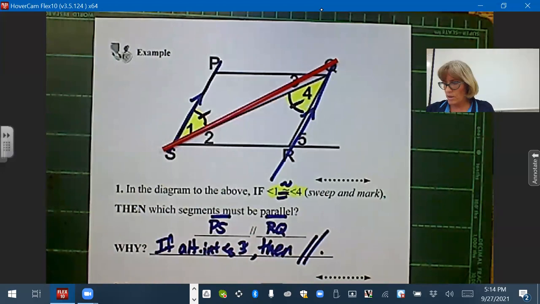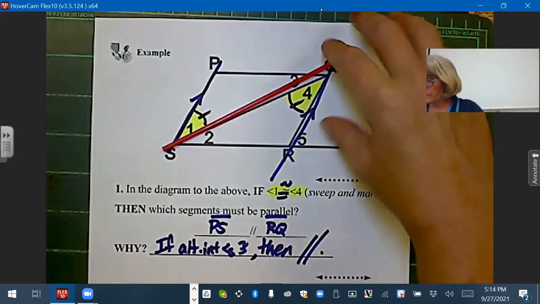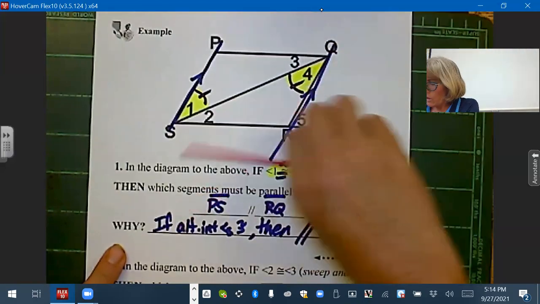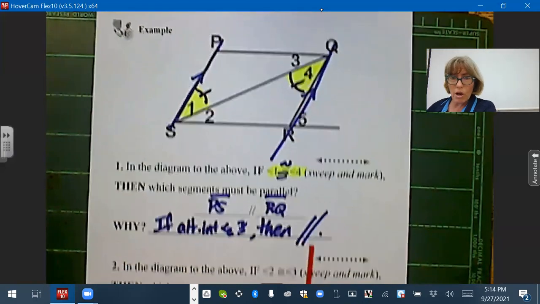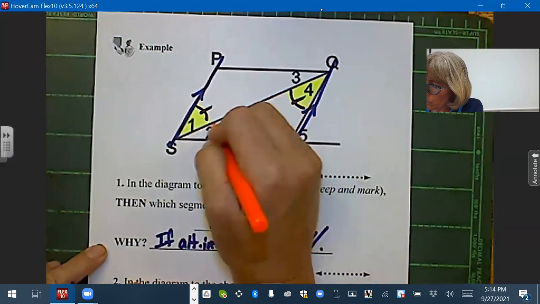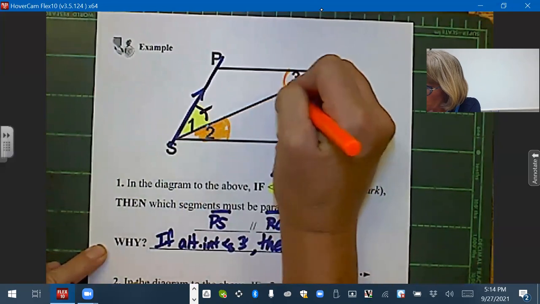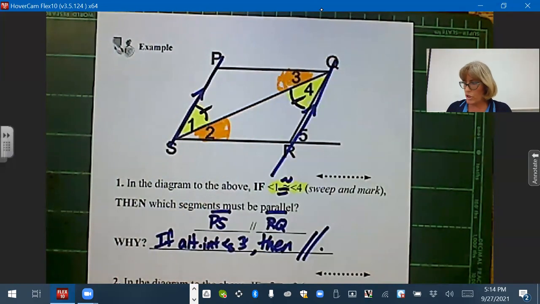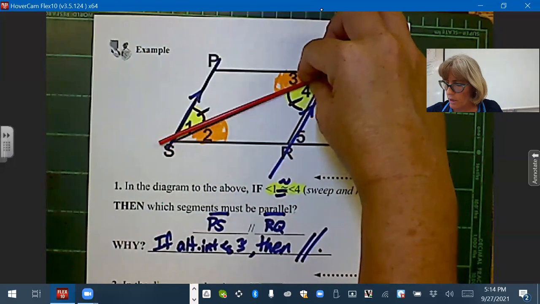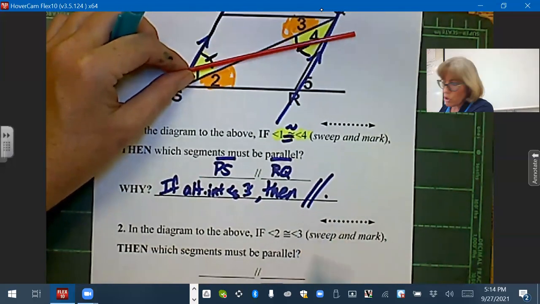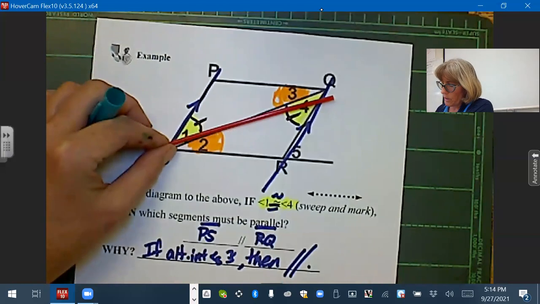Let's do another set. Ready? Same diagram. Now 2 and 3 are congruent. So mark 2 congruent to 3. Your stir stick still lays down and touches both angles. We are told that 2 is congruent to 3.